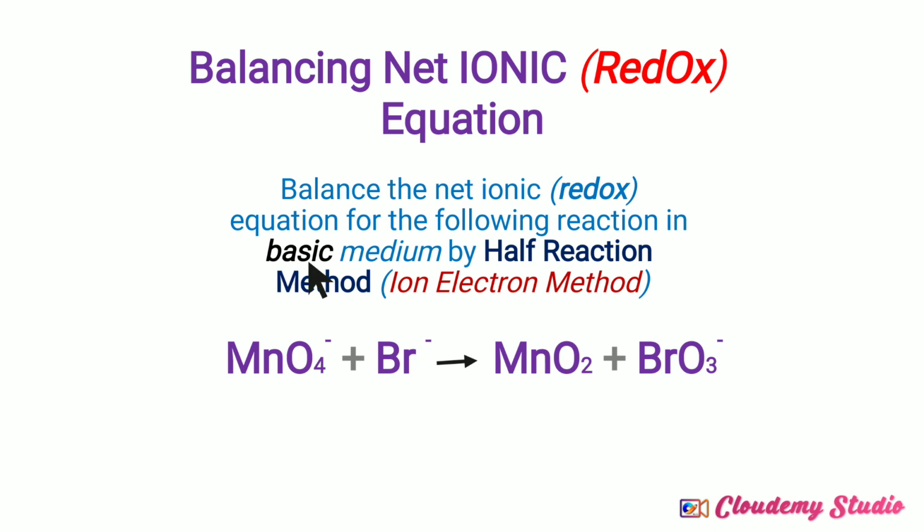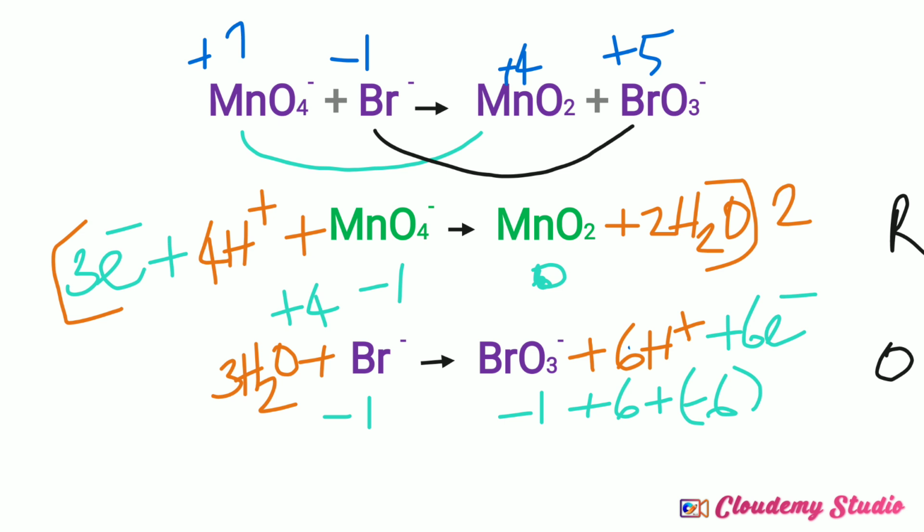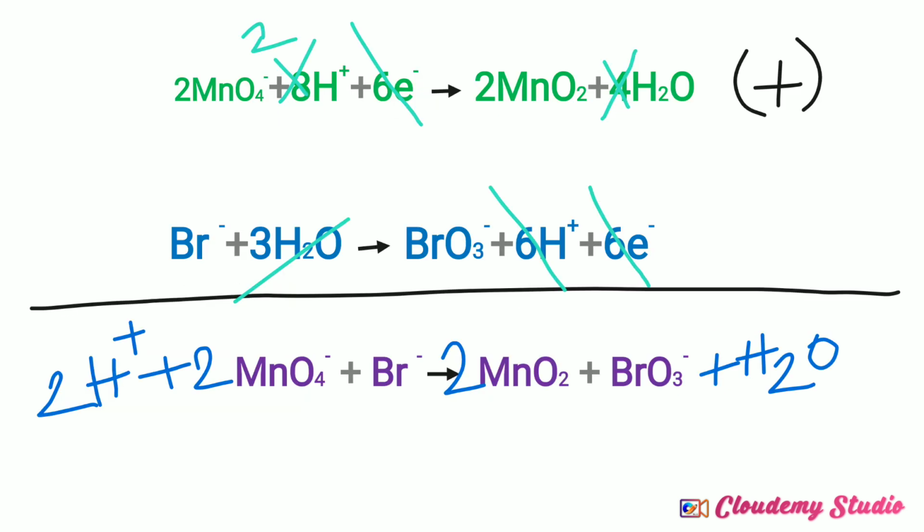If the reaction takes place in basic medium, after the addition of the half reactions, if we have the hydrogen ions on the resultant equation, we need to add hydroxide ions on both the sides of the equation. That is, the right hand side we need to add OH minus ions, and the left hand side also we need to add OH minus ions, because the reaction takes place in basic medium and the resultant equation has 2 hydrogen ions. So that we can do at the next page.